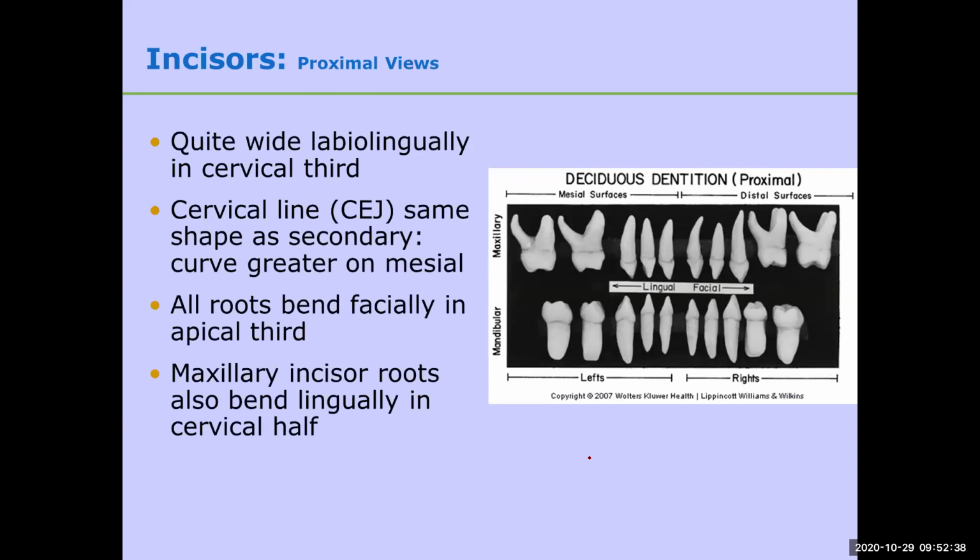CEJ curvatures, greater on the mesial. The roots bend facially in the apical third. And the maxillary central incisor roots may also bend lingually in the cervical half. So they're shapely teeth.